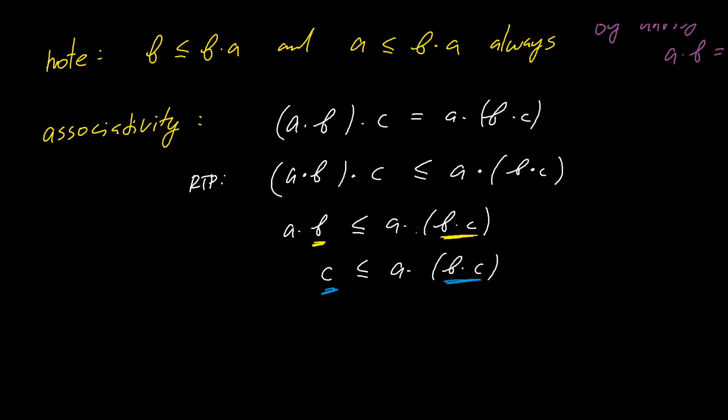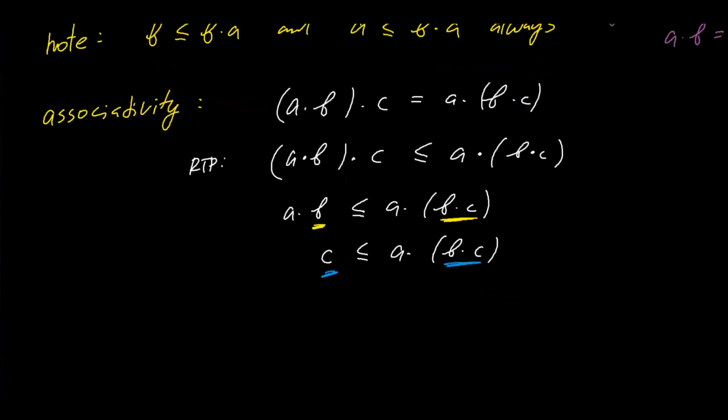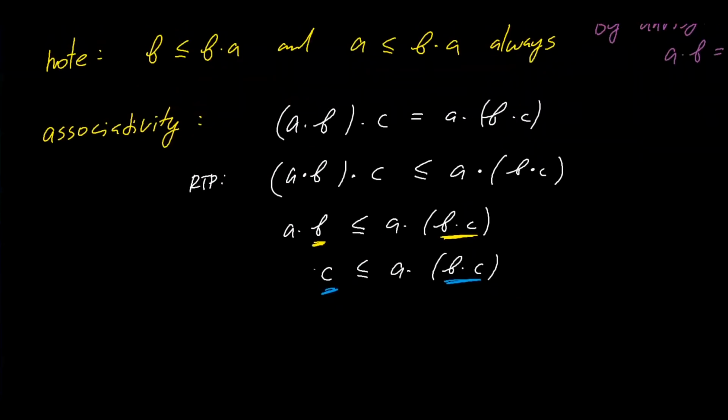So to prove that this is less or equal to that, it's sufficient to prove that the first factor, namely A dot B, is less or equal to that, and the second factor, which is C, is less or equal to that. Okay? Now, based on this note we made here, we do have that C is less or equal to B dot C, don't we?